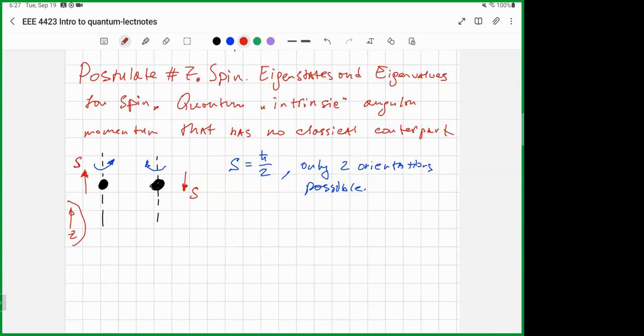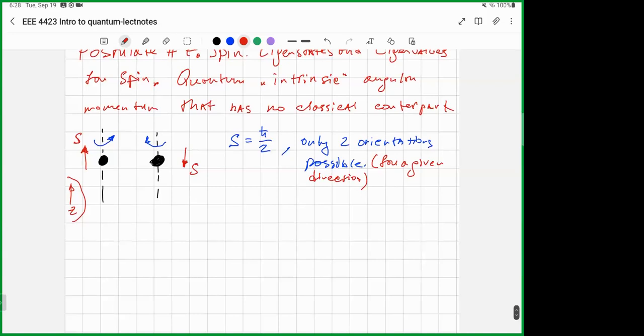And for the given direction, only two orientations of the spin are possible. And what it means is that spin is represented by an operator with only two eigenvectors, eigenstates. Okay, so we will use this fact in a minute.